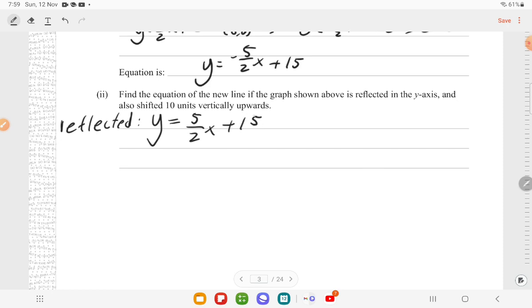If it's shifted vertically upwards by 10, we add 10 to the constant. So the equation will be y is equal to 5 over 2x plus 25.